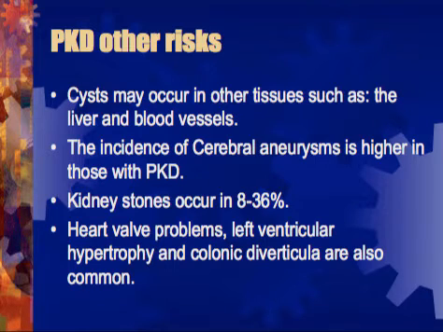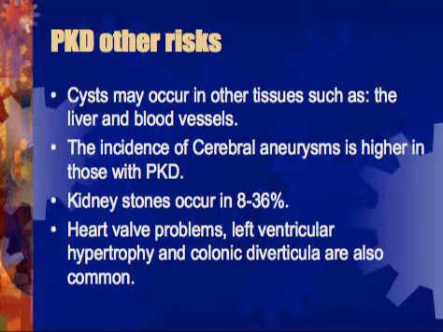As far as PKD and other risk, cysts can occur in other tissues such as the liver and blood vessels, and the incidence of cerebral aneurysms are common. Some of the other risk from polycystic kidney disease, as I was saying, these cysts can occur in other organs, and also these folks have more aneurysms.